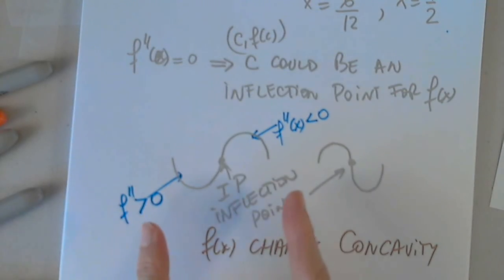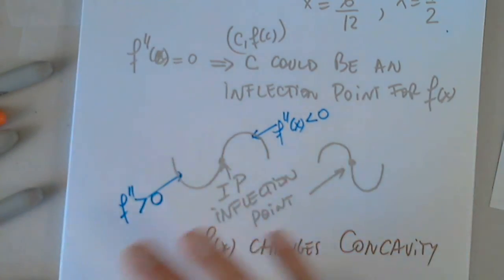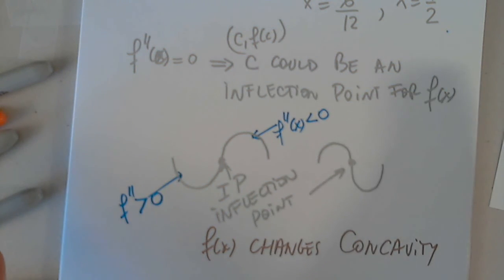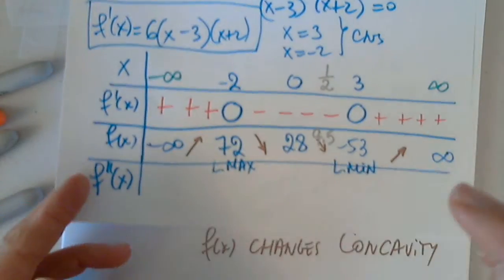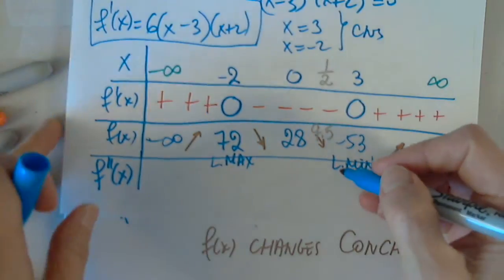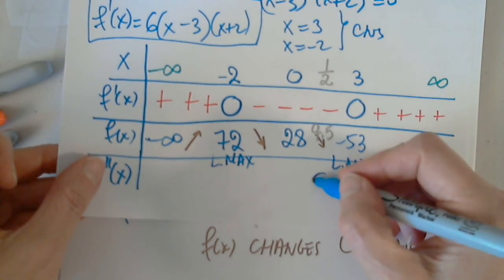So the second derivative must change sign. If the second derivative does not change sign, that is not a point of inflection. So I have to study the sign of the second derivative now. So I go back, I put at 1/2, this is 0.